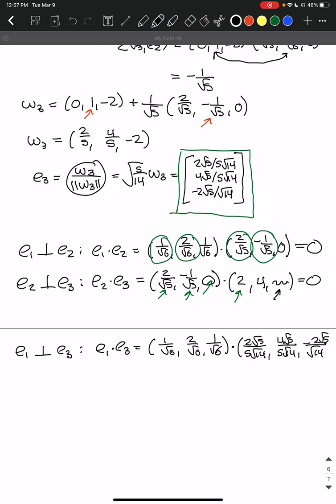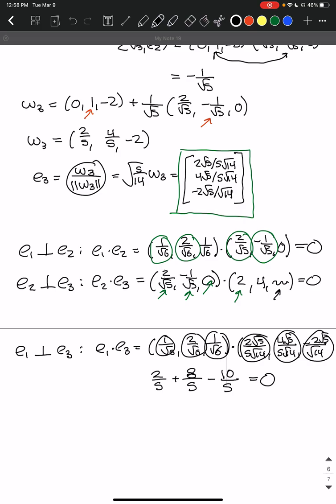I'm going to ignore the root 5s and the root 6s, but essentially I have 2/5 from this one here. Plus 8/5 using these two. And then I have a missing factor of a 5th right here, so I just have minus 10/5 from that last term, which does indeed give me 0 as expected.